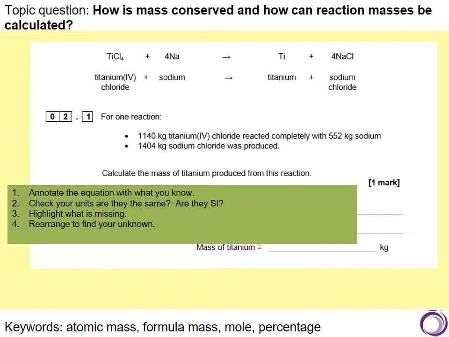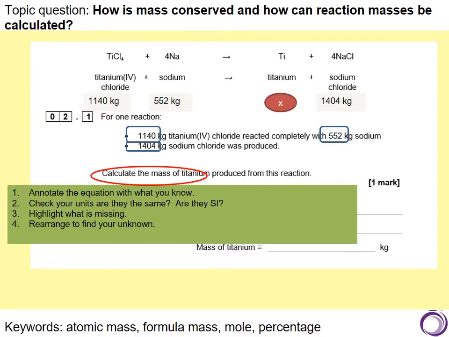Check that your units are the same, highlight what's missing and rearrange to find your unknown quantity. So here I know that I've got 1140 kilograms, so I'm going to annotate my equation with that, and I can continue with the mass of sodium and the mass of sodium chloride. I now know, due to the conservation of mass, that the sum of both sides must be the same, and I'm calculating the mass of titanium.